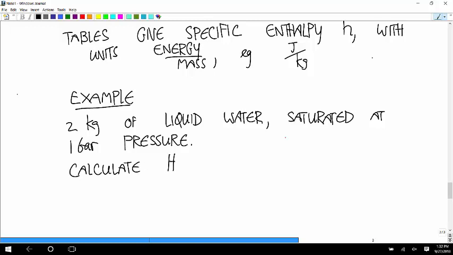Calculate the enthalpy, the extensive version of enthalpy, from table values of U, P, and V.